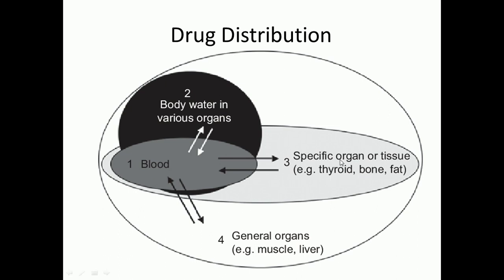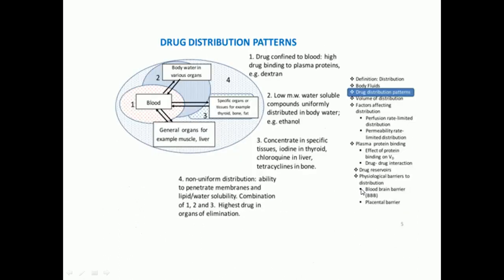There are certain drugs like tetracyclines. They are bound to bones, and barbiturates are distributed abundantly in fat tissue. So there are certain specific organs or tissues where the drugs have more affinity. So this is another pattern.